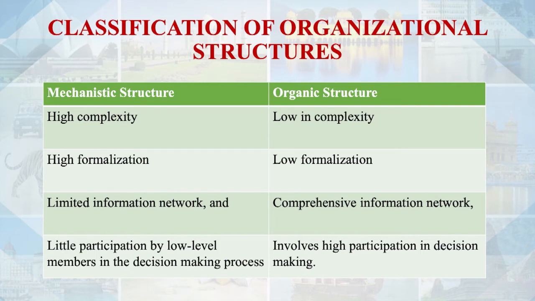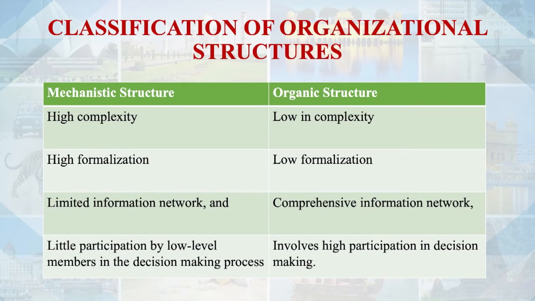There would be high formalization. There would be a limited information network, in the sense that the information will flow either from top to bottom or bottom to top. And because of this high formalization, there would be little participation by the members who are lower in the hierarchy, and they will not feel participated.